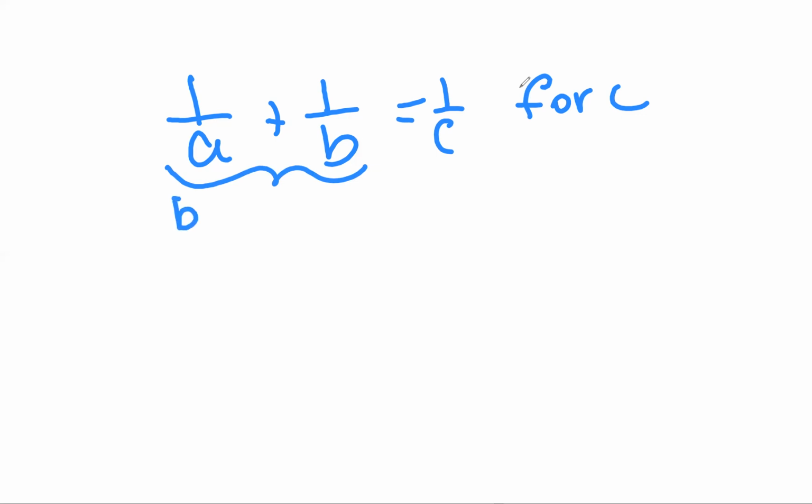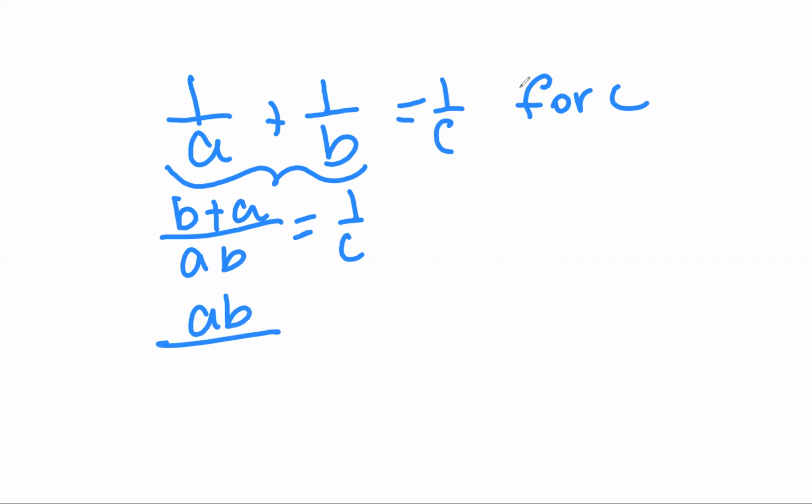So b plus a over ab is equal to 1 over c. And then we know that I can rewrite fractions. If I flip one side, I could flip the other. So I can now flip the fractions to get ab over b plus a is equal to c.